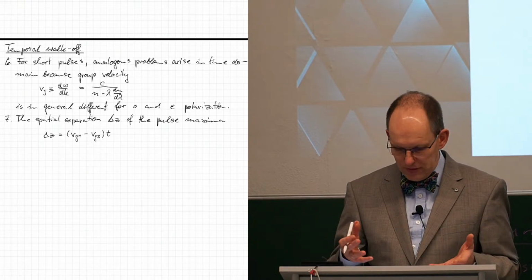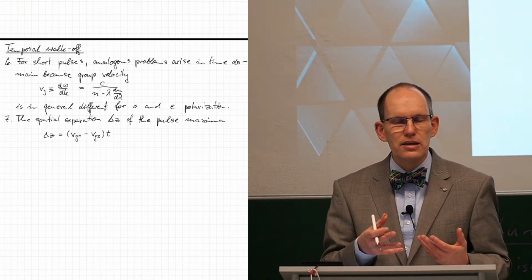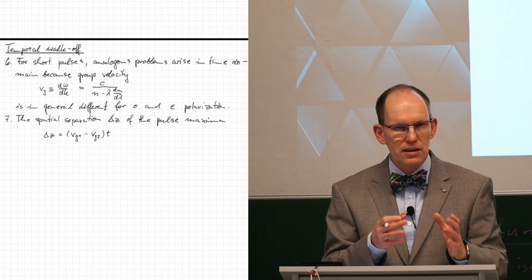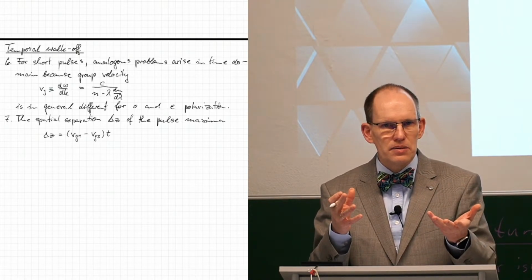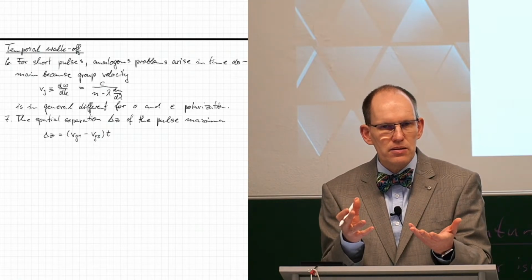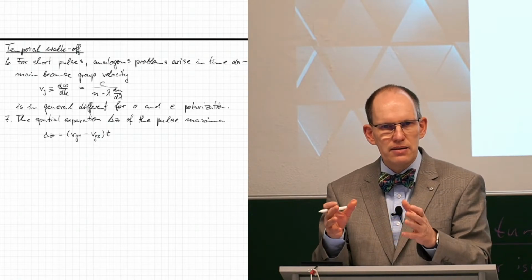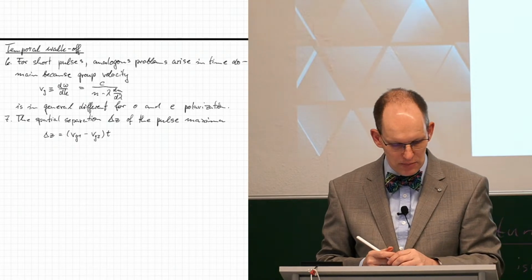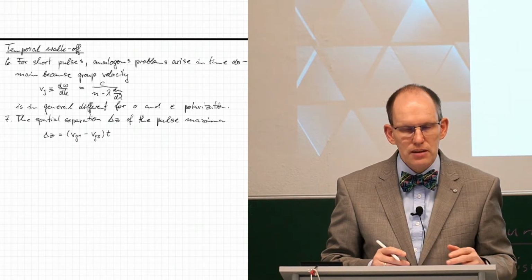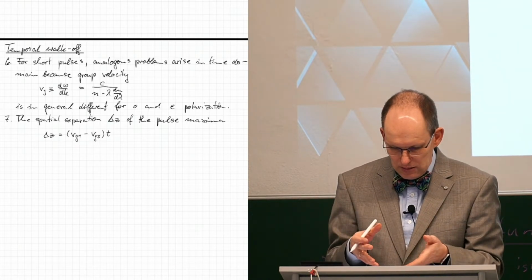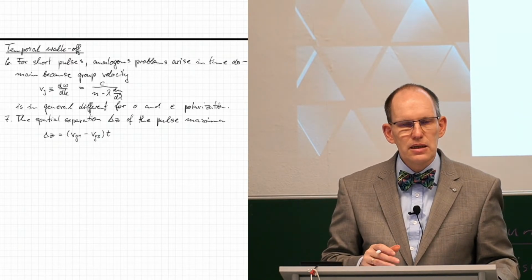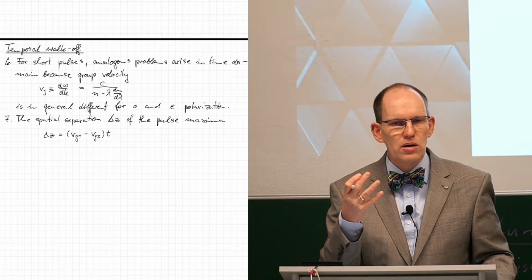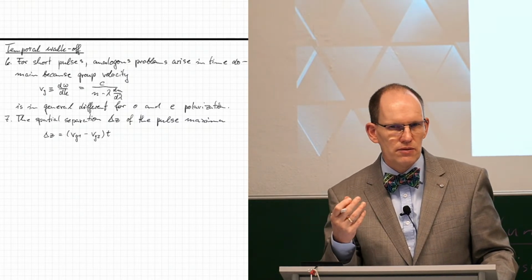If this delta Z is larger than the spatial pulse length, c times tau, where tau is the pulse duration and c is the speed of light, then both pulses would be separated. This gives you the order of the problem.